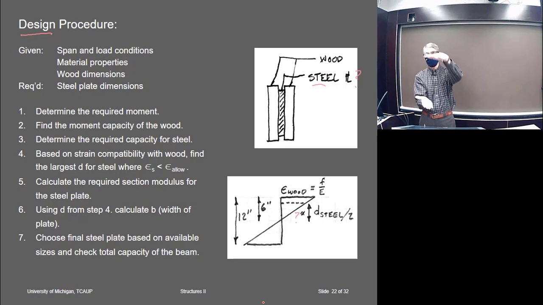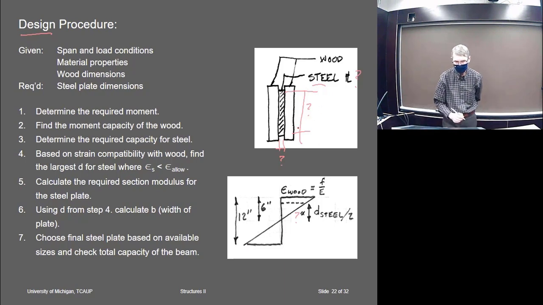So I can't do that, but if I want to have both materials stressed to their full capacity, then I've got to shorten the depth of the steel a little bit. So that becomes a question as to what that depth is. So those two things, the thickness of the plate, that's what we're looking for, and the depth of the plate.